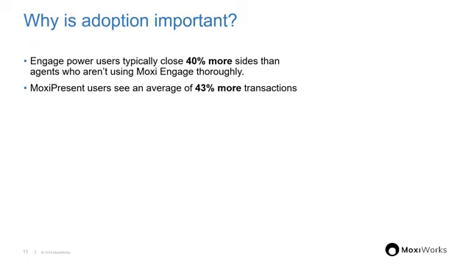A 40% increase in sides is a fantastic number. We were seeing the same kind of numbers for people who were just using Present, an increase of 43% more transactions. So you combine them together and the power is amazing to be able to build on your business.